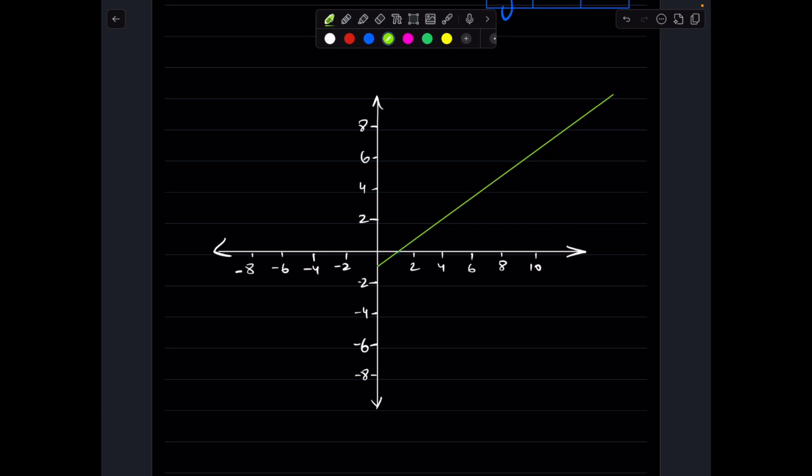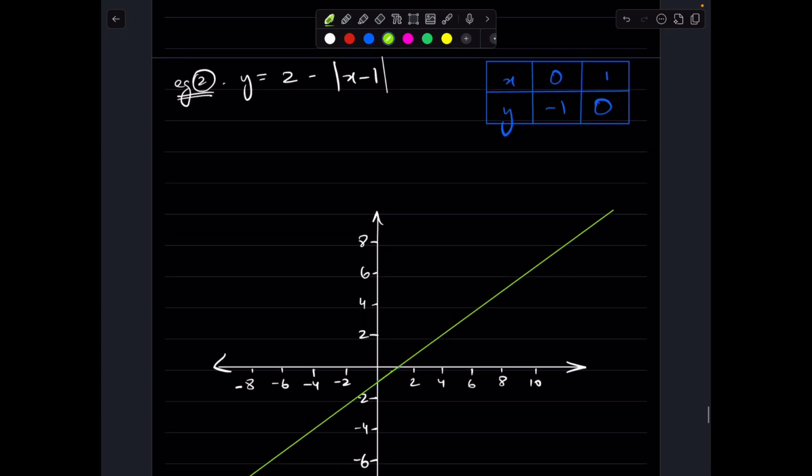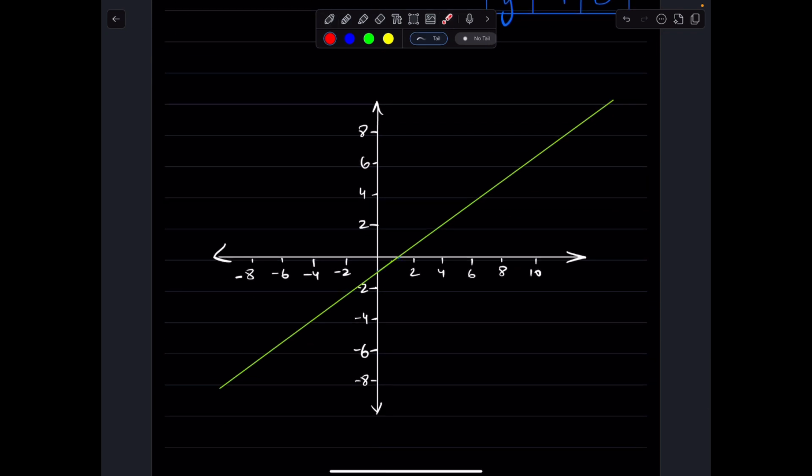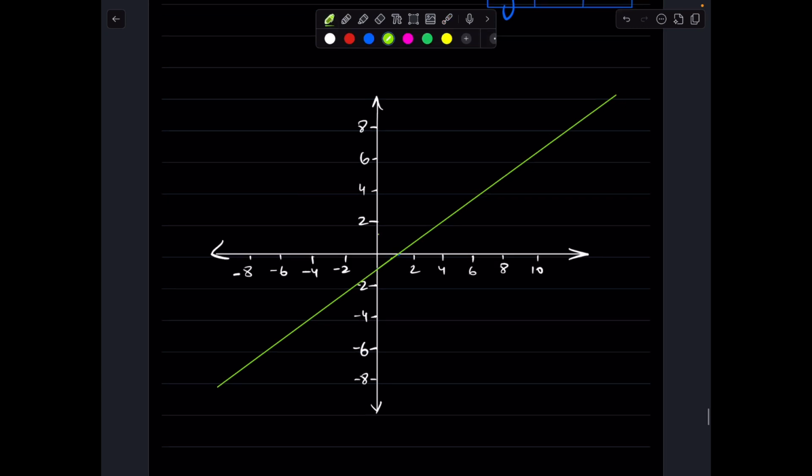Then the second step is to apply the modulus. Everything below the x-axis is reflected above the x-axis, making the graph look something like this. Make the graph below the x-axis dotted or erase it completely.